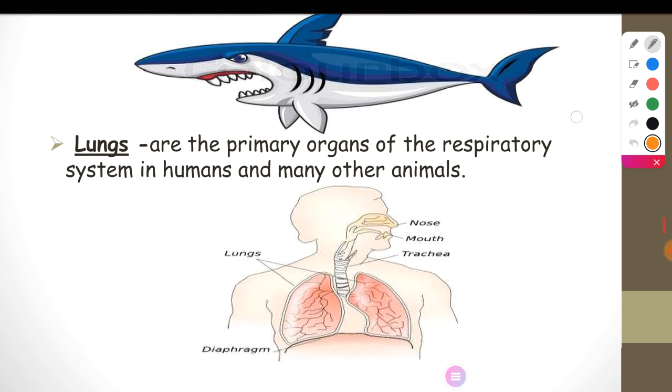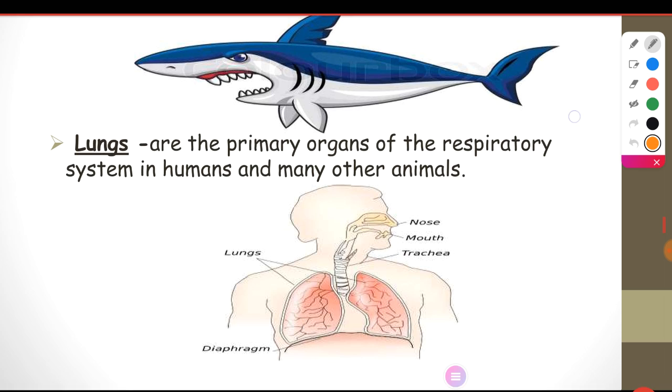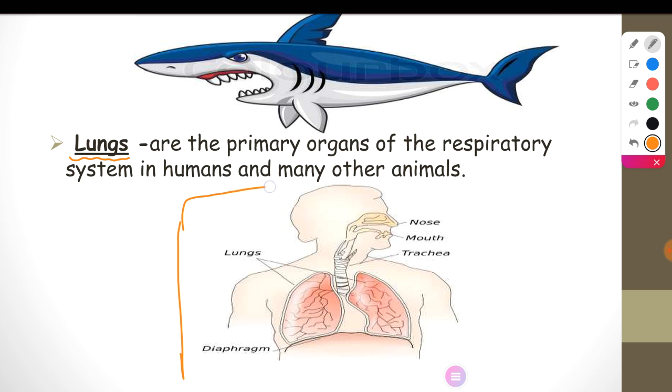Here. Okay, this part explains to you the word lungs. What do you mean by lungs? As you can see in this picture, there is a human, which shows the parts of the body inside.